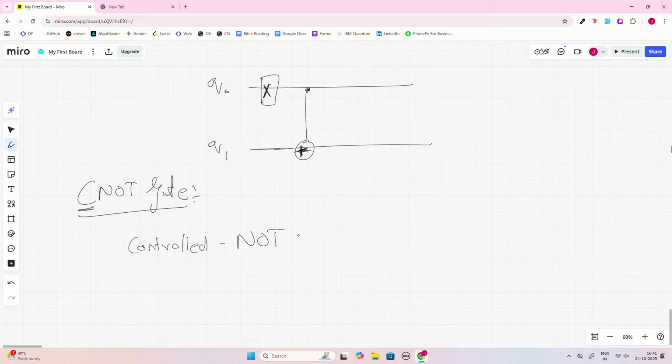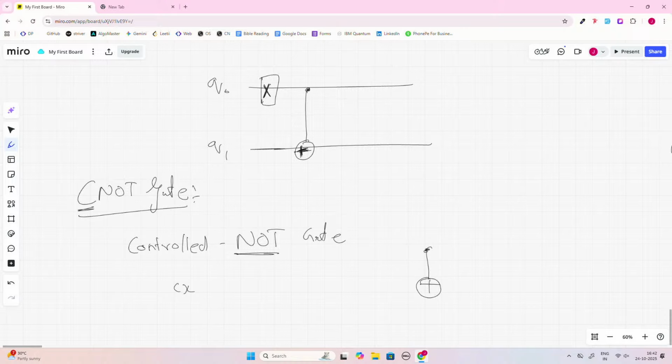So it is nothing but a controlled naught gate. What is a naught gate in quantum? X gate. So that's why the symbolic representation is something like this. And the letter-wise representation is CX.